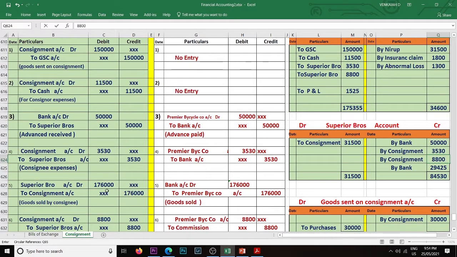Okay, we missed the sales amount. Sales. Superior Brothers to consignment 1,76,000. And in consignment account credit side by Superior Brothers 1,76,000.